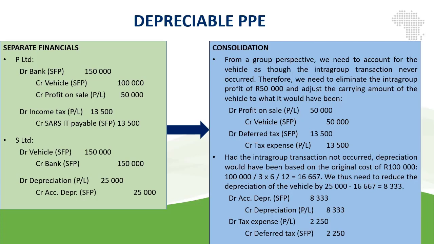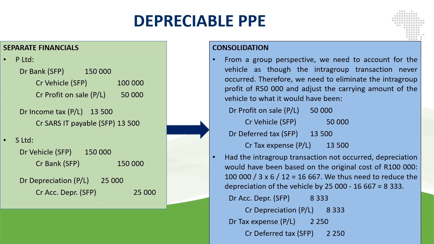So we need to adjust our depreciation from 25,000 to 16,667. So that means we need to reduce our depreciation by 8,333. So we do that by crediting depreciation expense and debiting the accumulated depreciation account.